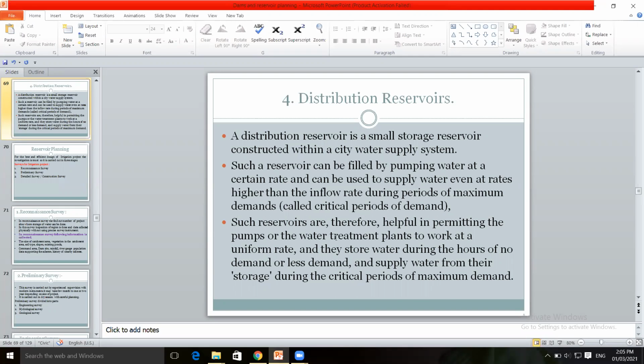For that purpose, these reservoirs are helpful, and they store water during the hours of no demand or less demand. During the supply of water during the peak flows, that water is distributed during critical periods of maximum demand. That stored water is utilized.